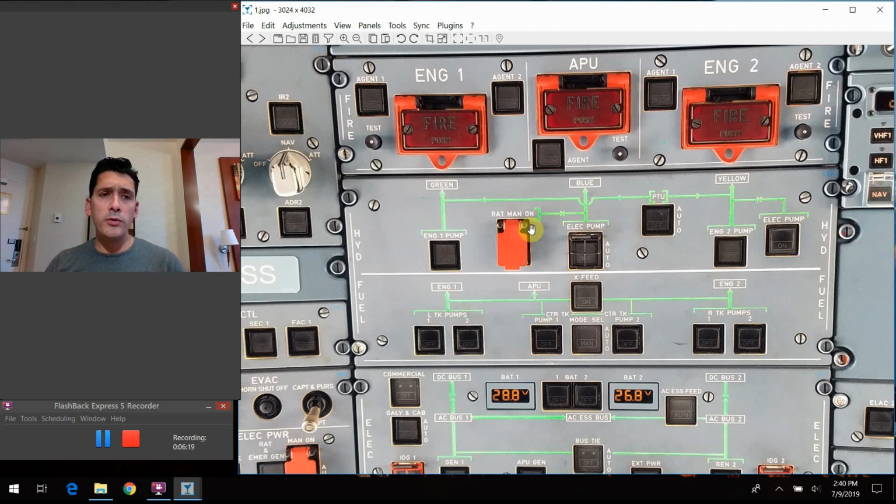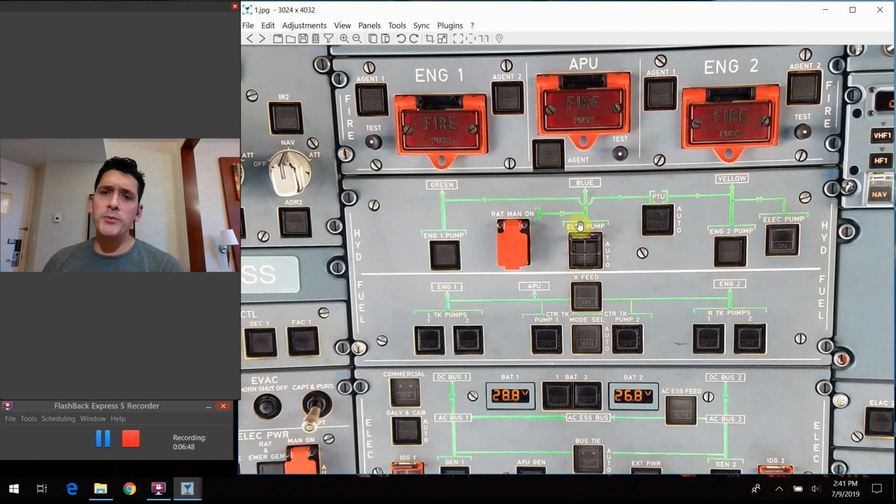If both AC bus 1 and AC bus 2 lose power while you're flying, the RAT will automatically deploy and the emergency generator will start, and you'll get electric power back onto the airplane. But it's a different concept where, once again, it would take some sort of pilot intervention to reach up and manipulate the switch. If you just had a blue system hydraulic pressure failure, you would actually have to take this action to deploy the RAT and get yourself hydraulic pressure back into that system.